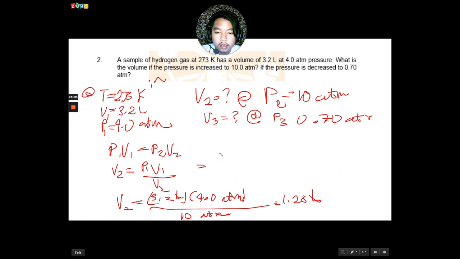That would be 12.8 atm, because that's 3.2 times 4. Cooperate, digital marker. This is 12.8 atm over 0.70.